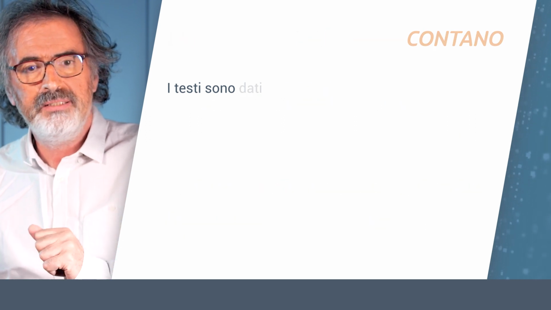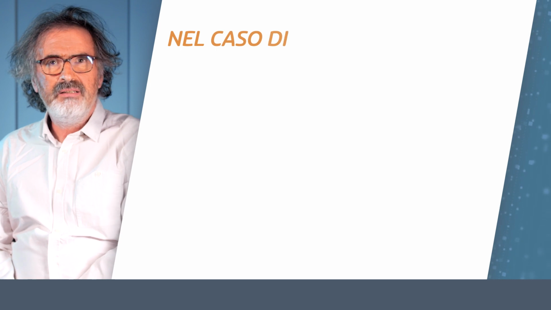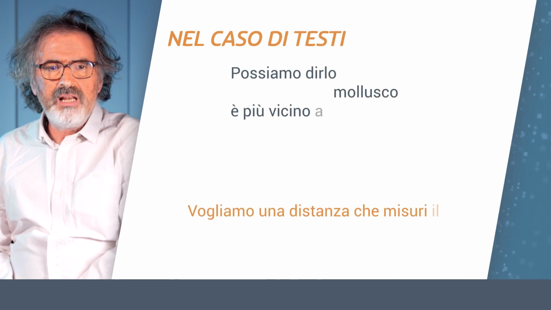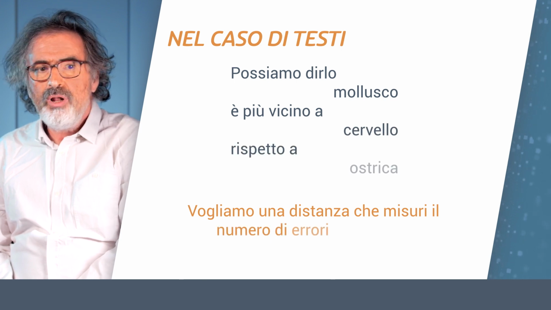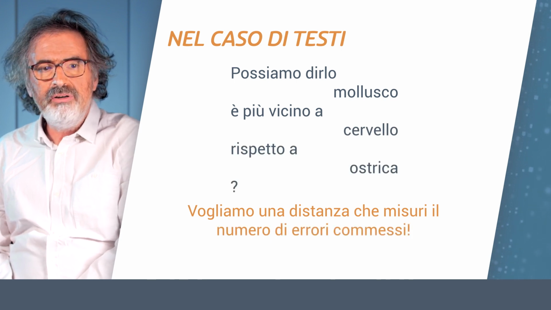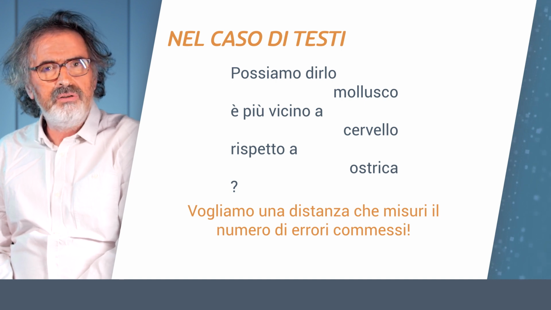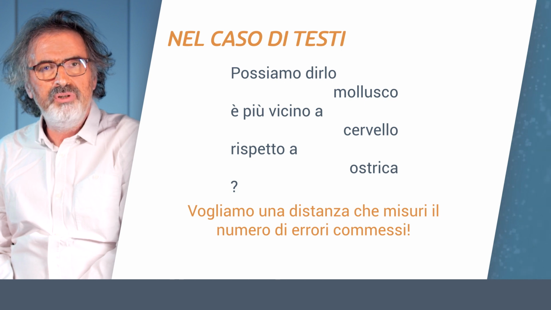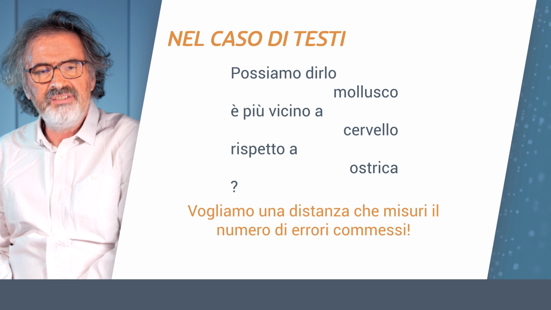How do we do that? In the case of texts, we can have questions like, which is closest? Is clam closer to brain or is it closer to oyster? We can see that it is a difficult question. If I think from the semantics, perhaps a clam is really close to an oyster because they are both related to the sea.